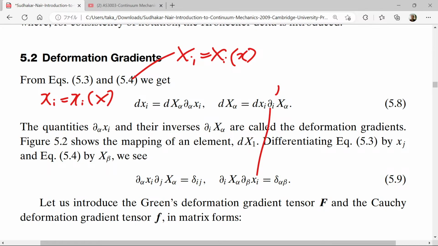And we differentiate that, differentiate this by xj. How do we do this?